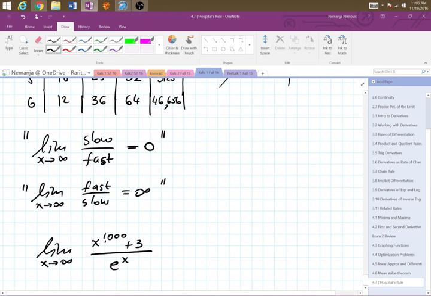E to the x is eventually going to beat it. Just wait long enough, right? Patience, young Padawan, right? Those are wise words. So this is immediately 0, without doing any work, just because polynomials will always grow slower than the exponential, which means you have the larger value in the denominator, 0.